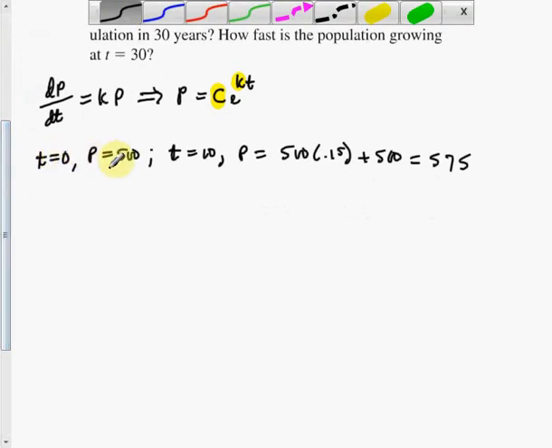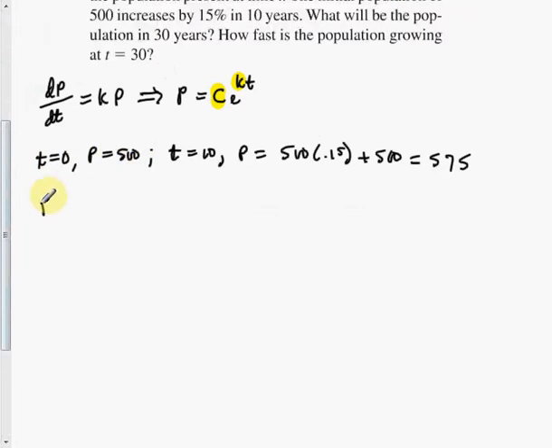So we start with the first initial condition. When time is equal to 0, the population is 500. So we have 500 is equal to c times e to the 0 times k, but that's still e to the 0.